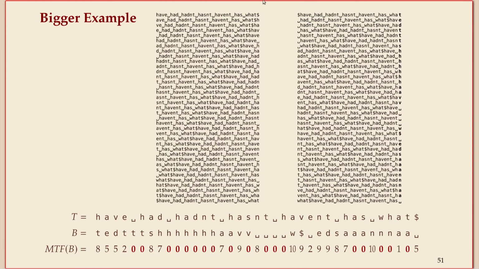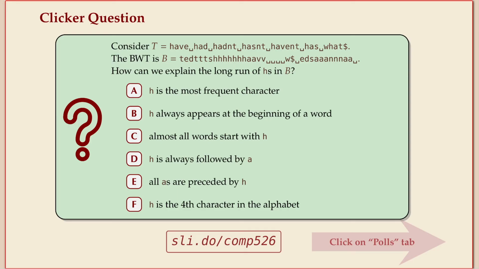Yeah, let me ask this question, and then that's the last thing for today. So a little thinking from first principles on this example text: have, had, hadn't, hasn't, haven't, has, what, and its BWT, and it contains this long run of H's, like this one.